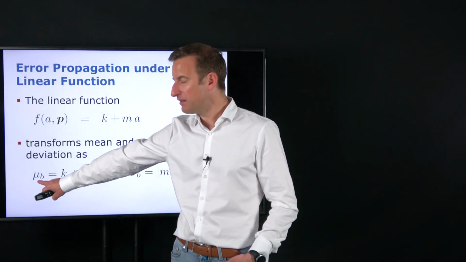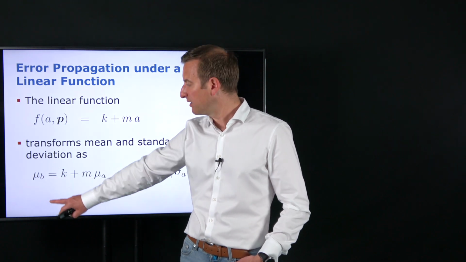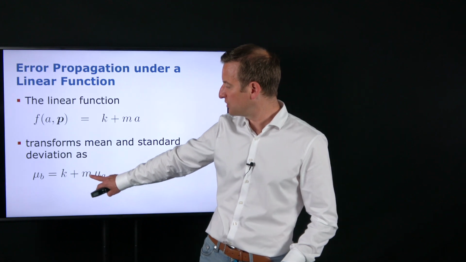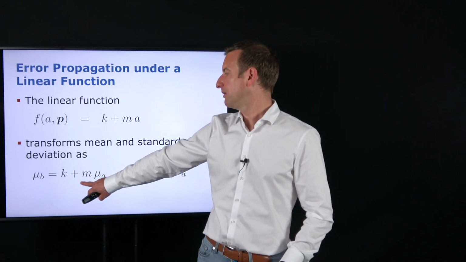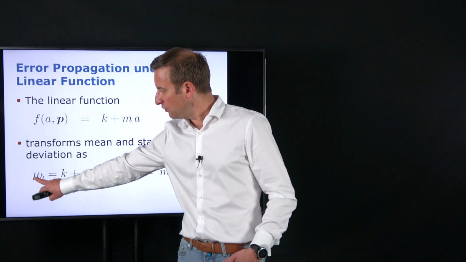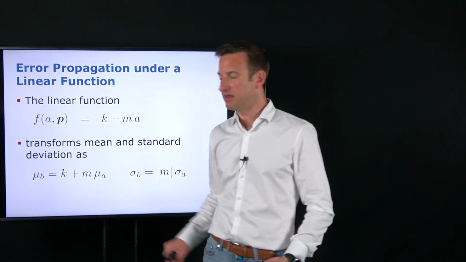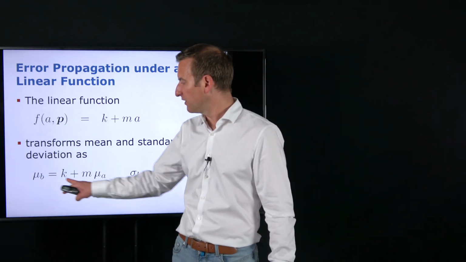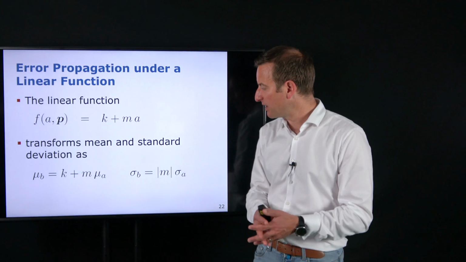So this is straightforward. The mean of intensity values in my new image is the mean of the intensity values in my input image multiplied with m and added up with k. And so if this new mean is larger than the old mean, that means I'm increasing the brightness. And if this one is smaller, I have reduced the brightness.